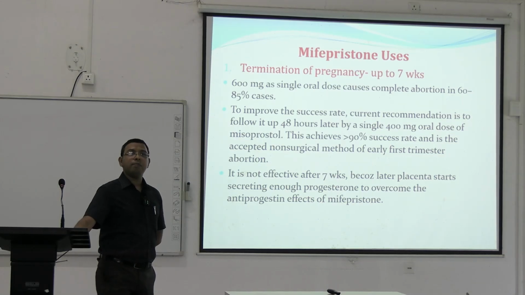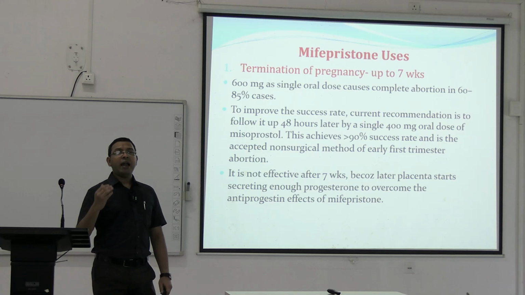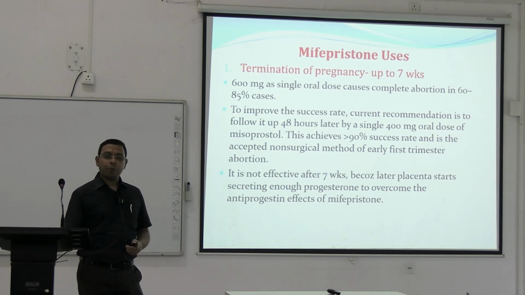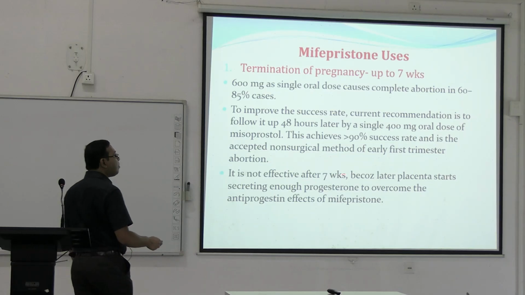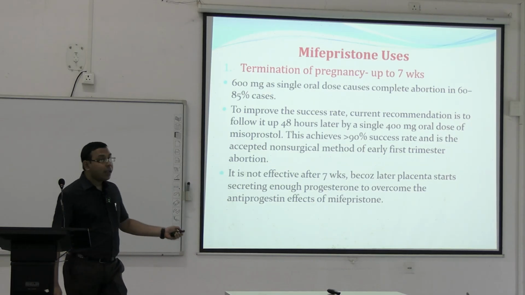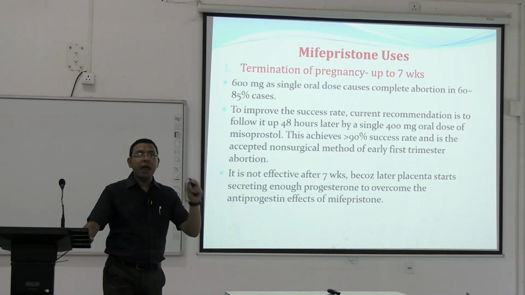This is done by the main drug, mifepristone, which is an antiprogestational agent, and usually it is followed up with misoprostol. It is not effective after 7 weeks. This is very important because later the placenta starts secreting enough progesterone. Time and again I am saying that progesterone is the main agent that helps in continuation of the pregnancy.